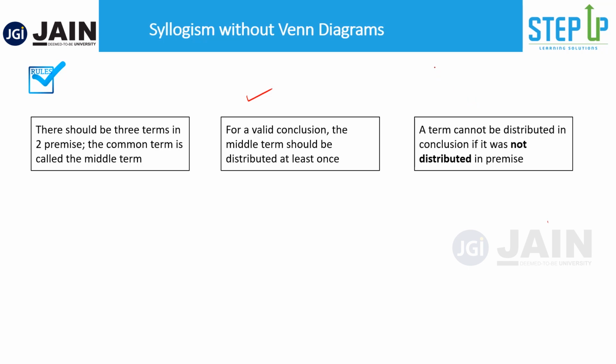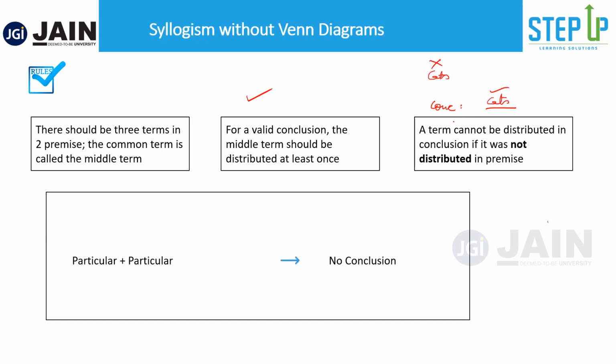Let's say a term was present in the premise, cats, and you have to check whether cats is coming in the conclusion. If it was in a format which was not distributed, now it cannot become distributed. I will teach you this through an example.